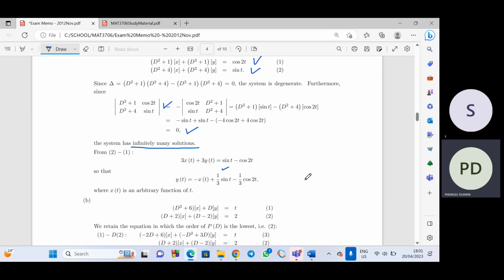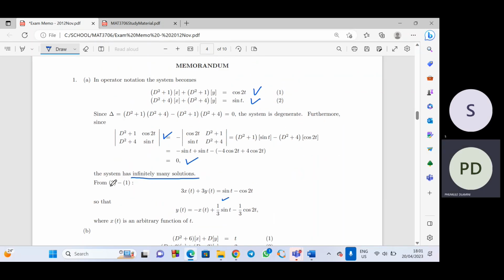This last part in the memo, they are saying from equation 2 minus equation 1. You see this equation 2, you subtract by equation 1. So if you say equation 2 minus equation 1, what are you going to get?